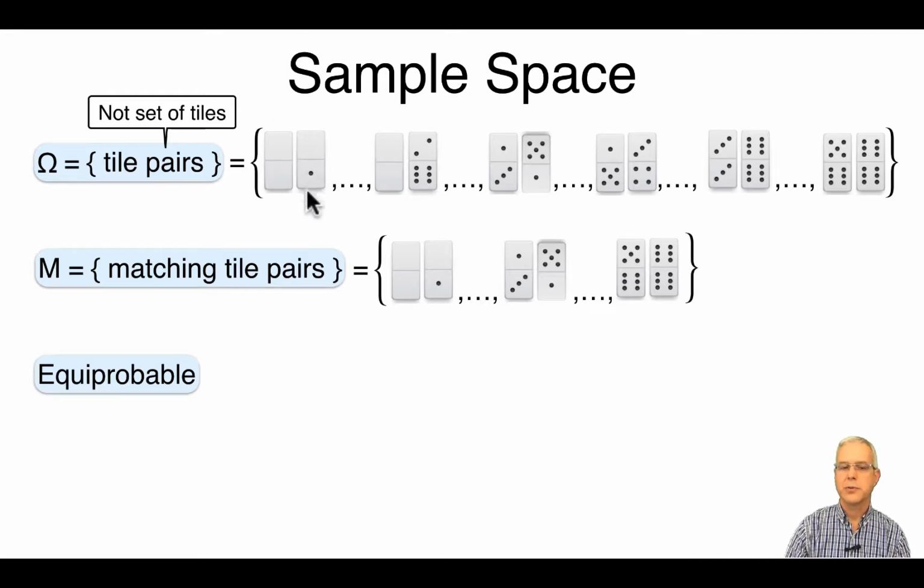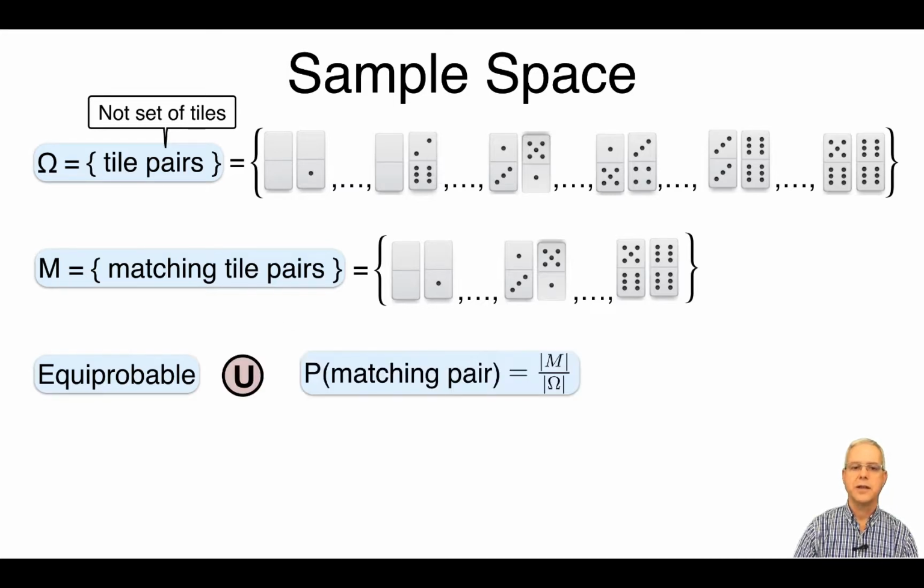The probability that we'll pick this pair is the same as the probability we'll pick this one, and so on. So by uniformity, the probability that we'll get a matching pair is just the number of matching pairs divided by the total number of pairs. So the size of this set of matching pairs divided by the size of the sample space, the collection of all possible pairs. And so if we calculate these two, we'll have our answer.